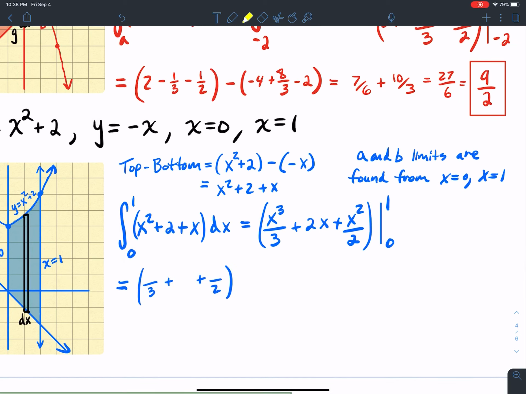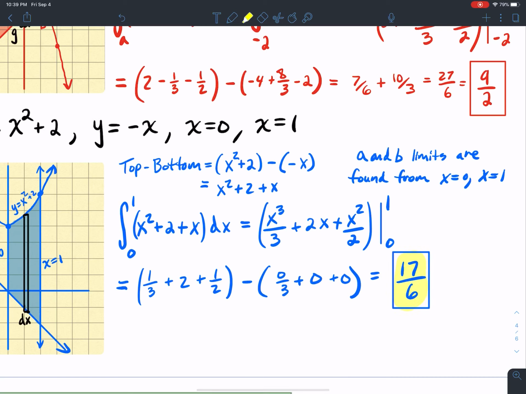That means I'm going to plug a 1 in everywhere I see an x. And so that's going to produce 1/3 plus 2 plus 1/2 minus, and I plug a 0 in everywhere I see an x. All these terms go away. So it amounts to adding 1/3, 1/2, and 2 together, and whenever I do that, I get 17/6.